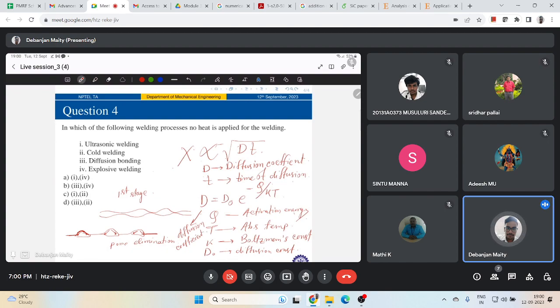So people generally use some molecular dynamic simulation to understand how the metal atoms are diffusing into each other. Let's say we're joining aluminum and copper. Those two metal atoms have different atomic radii, of course. Copper mostly has a smaller radius, so copper can diffuse into aluminum very easily.